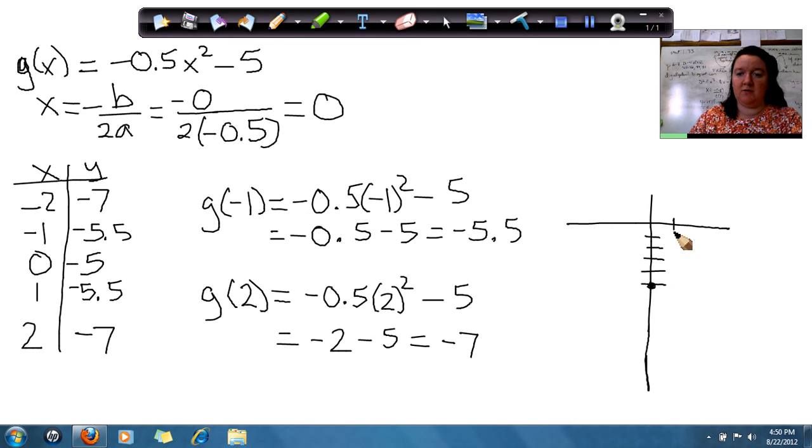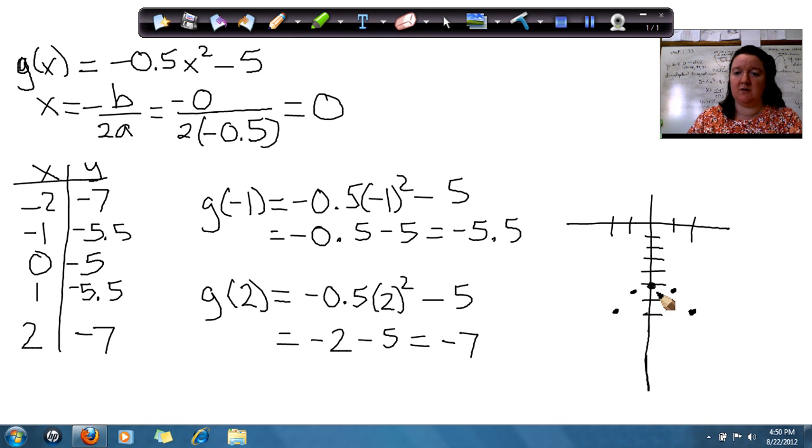And then if we go out one in this direction, one in that direction, it's going down to 5.5, so that's just a little bit down. And then if we go out to 2, it's going down to 7, so that was 5, 6, 7.